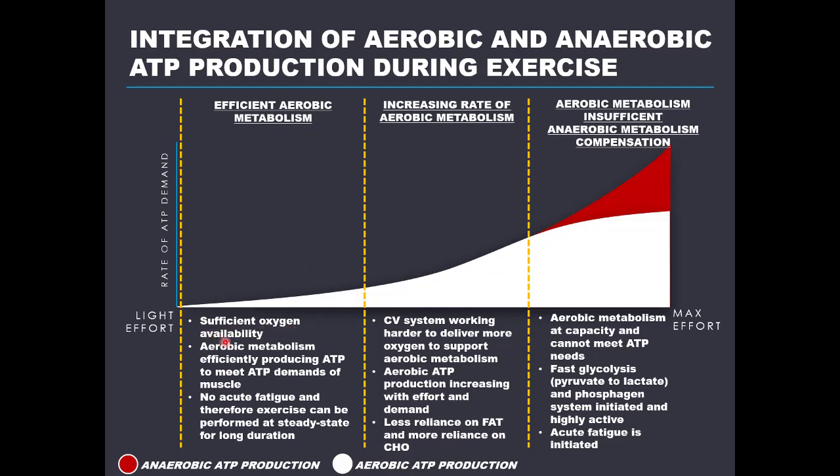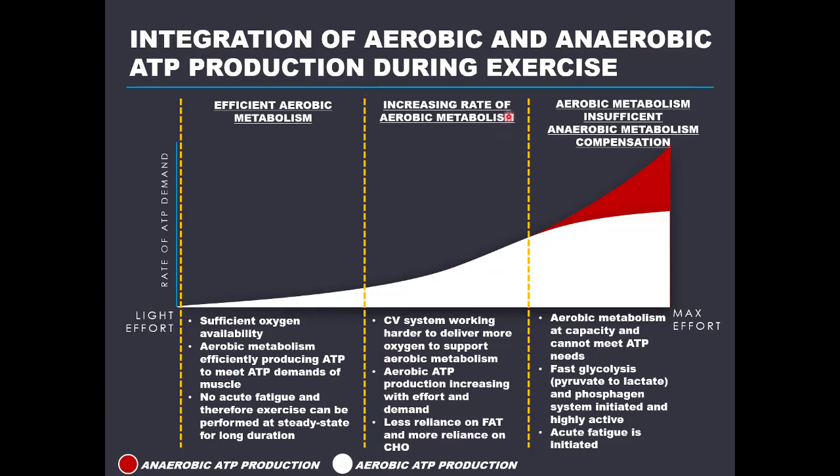There's sufficient oxygen availability because the oxygen demand is not very high. So this is where aerobic metabolism can efficiently produce ATP to meet the relatively low ATP demand of the muscle. There is no acute fatigue, and exercise can be performed at steady state for relatively long duration until you obviously just run out of fuel, which is going to be hours if you have a full fuel tank.